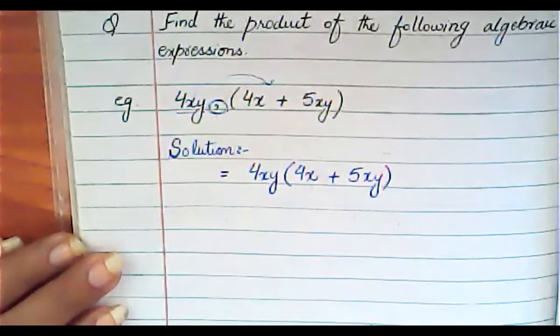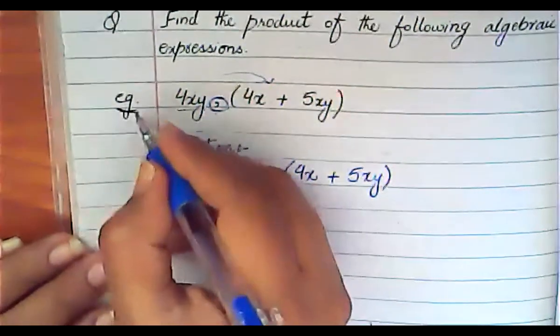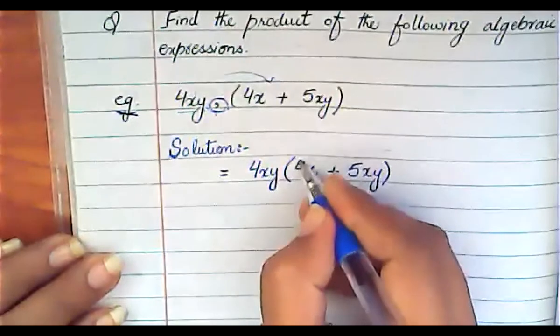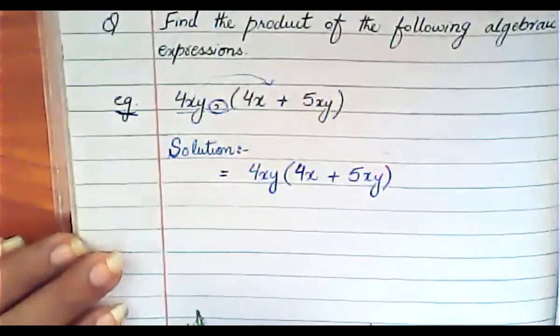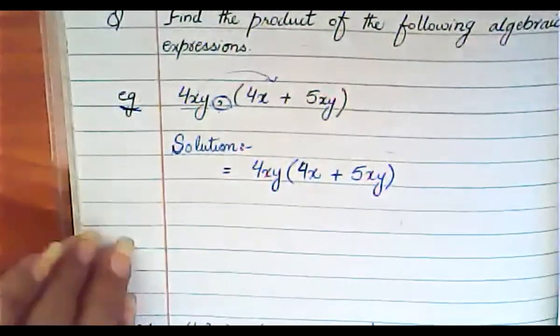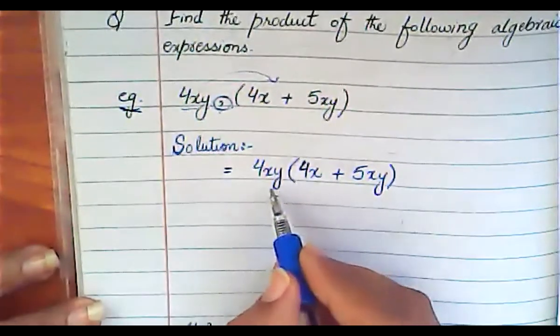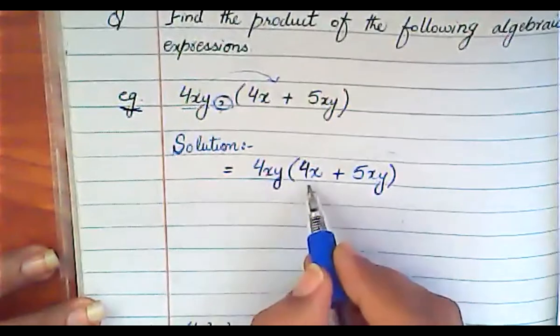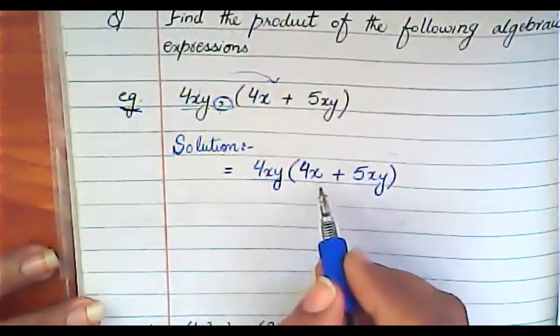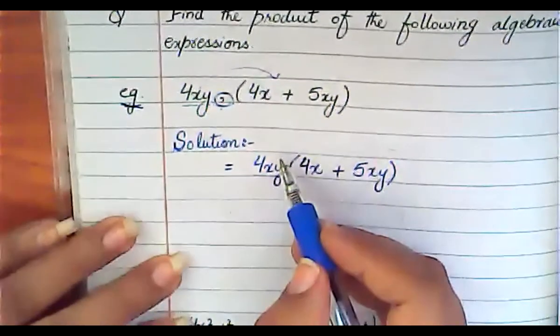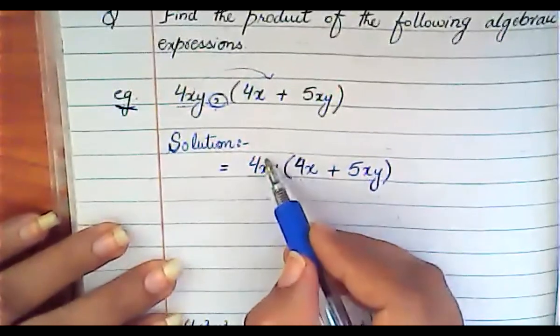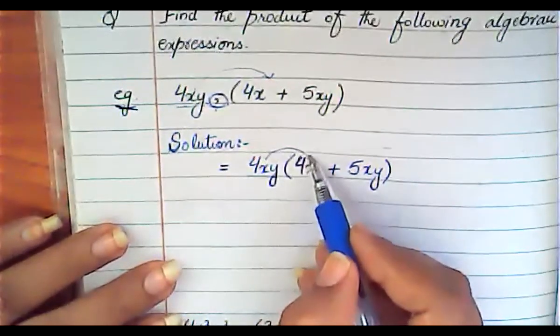No, do not do this work in your copy. This is an example, not your copy work. Just listen to me very carefully. Now, what does it mean? This is one term, and inside the bracket you have two terms. So you have to multiply this single term with the terms written inside it.